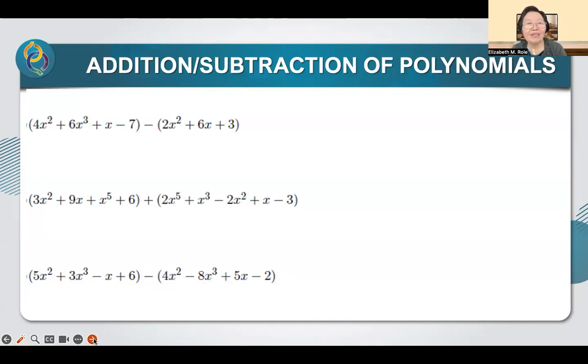so let's try doing this for a minute or two. Work on it. You can actually do some mental math if you're able to. This one is subtraction.